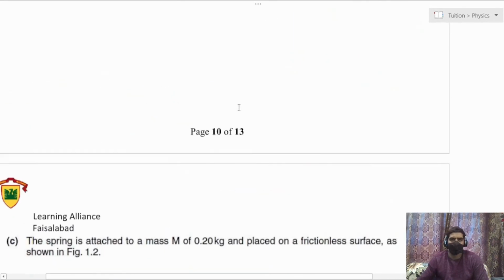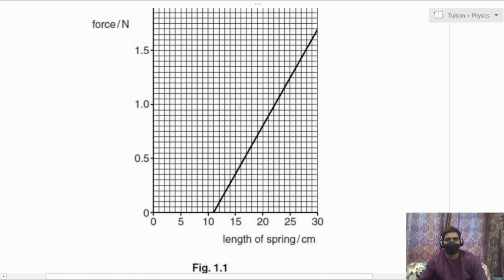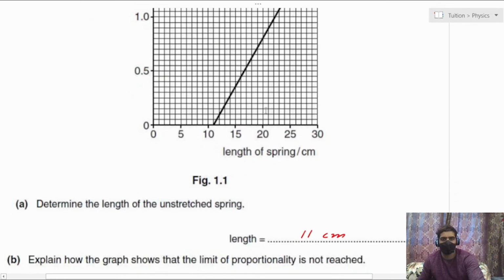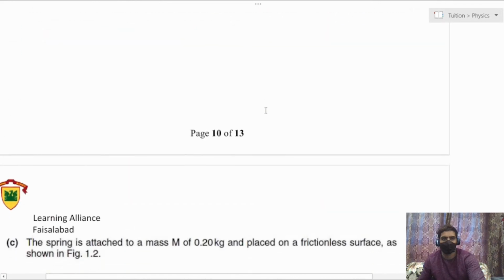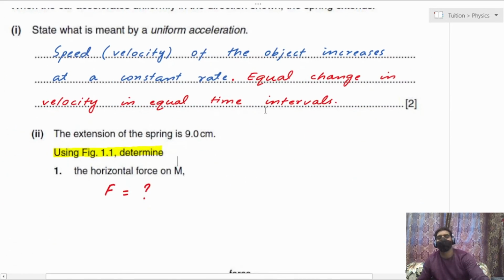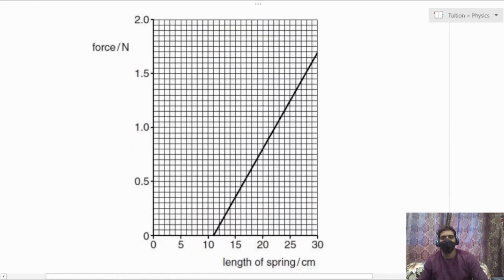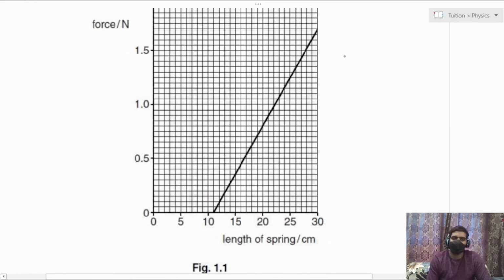So let's go to the figure 1.1. Here we have, when the extension is 9 centimeters, you have to find the force. What does the x-axis represent here?